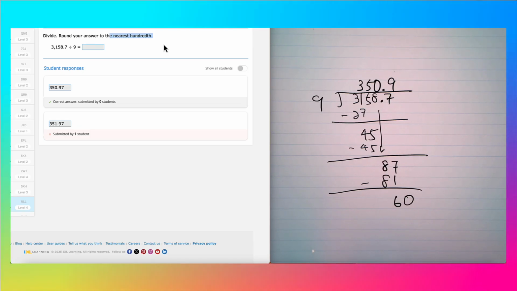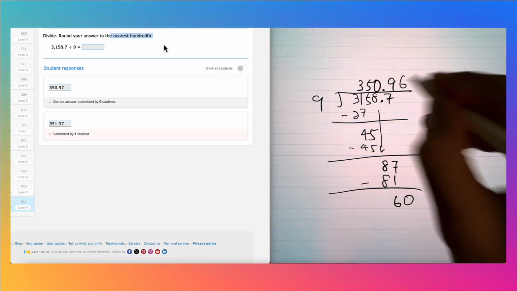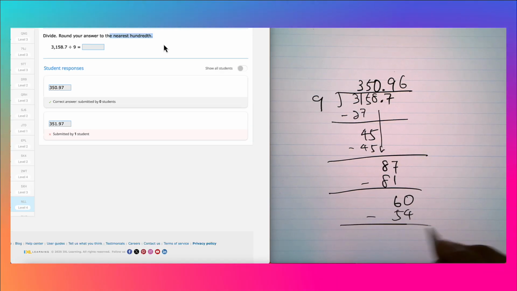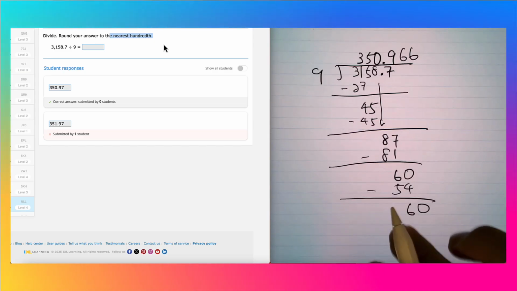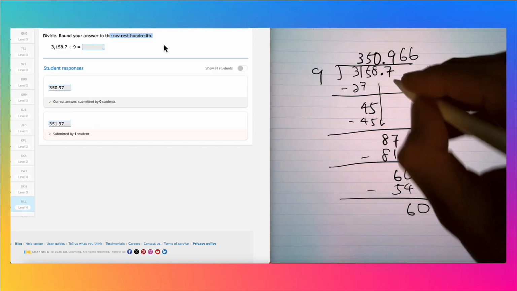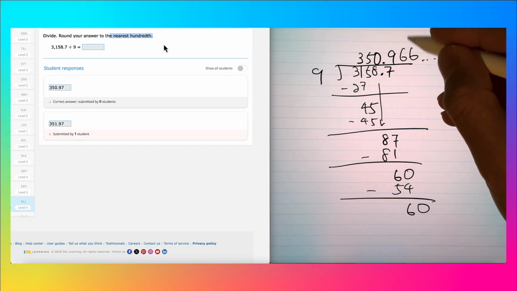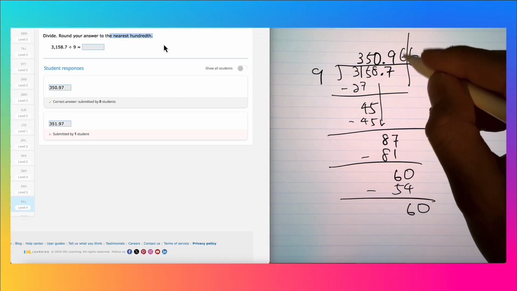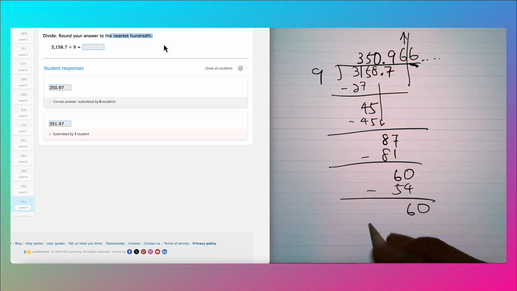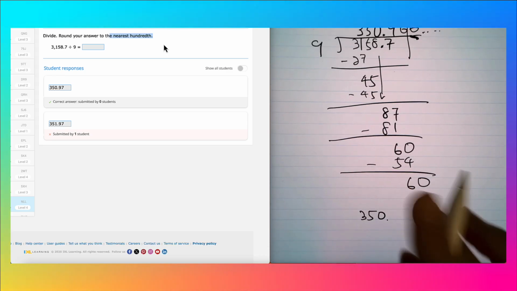So we're going to have to go with 6, and that gives us 54. We get 6 here, and it's repeating. It's going to constantly repeat. So when you round to the nearest hundredth, you look at the thousandths place, and this needs to go up. So your quotient should be 350.97.